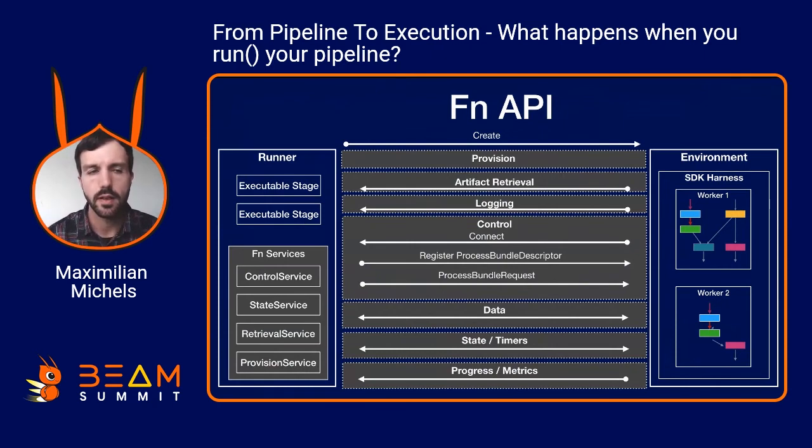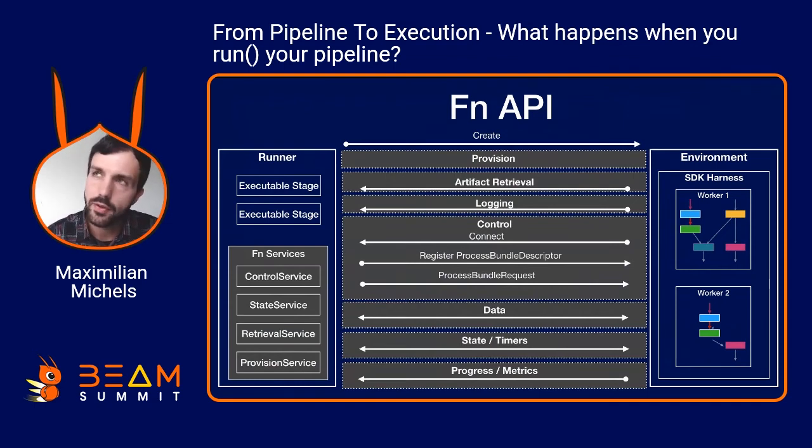And when the runner brings up the executable stage, it says, hey, start this environment, and the environment connects back to the runner. When the SDK harness has registered, the runner can then start registering a process bundle descriptor.